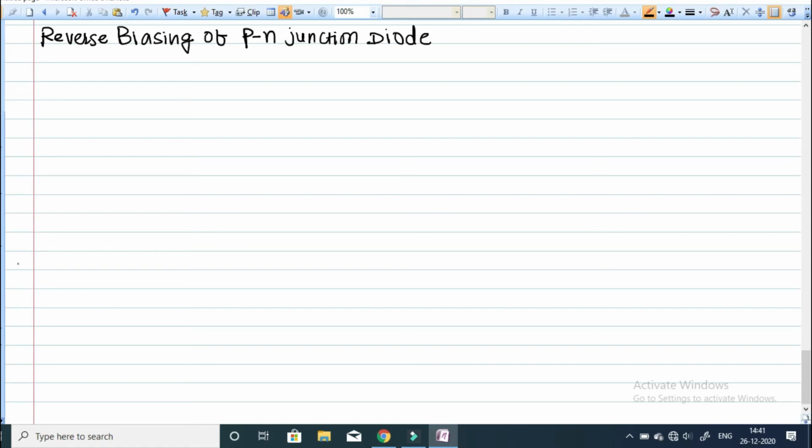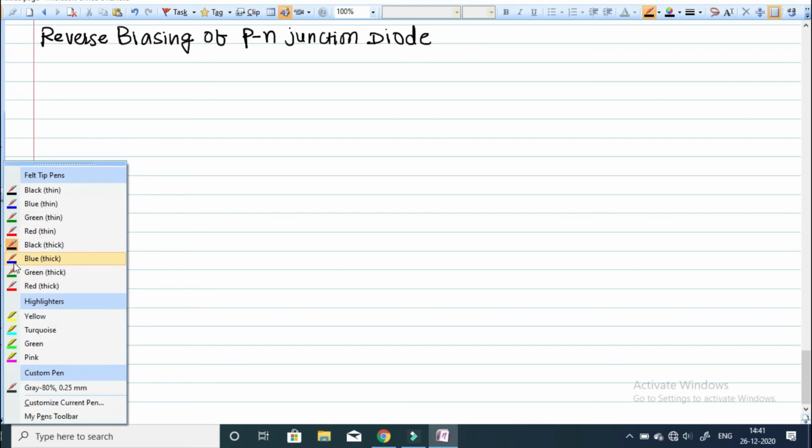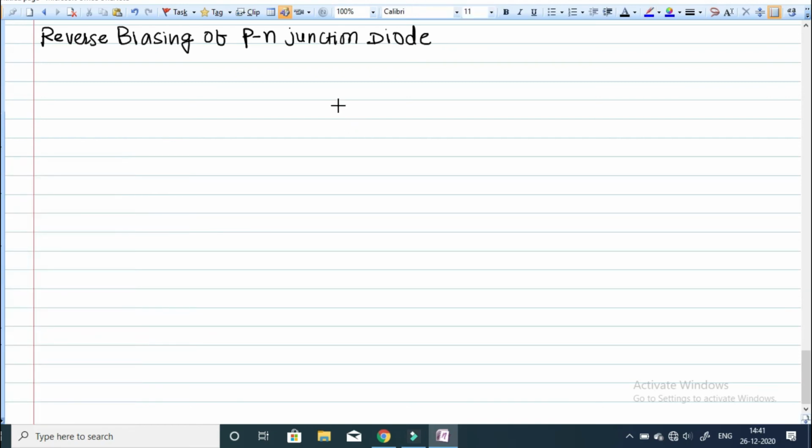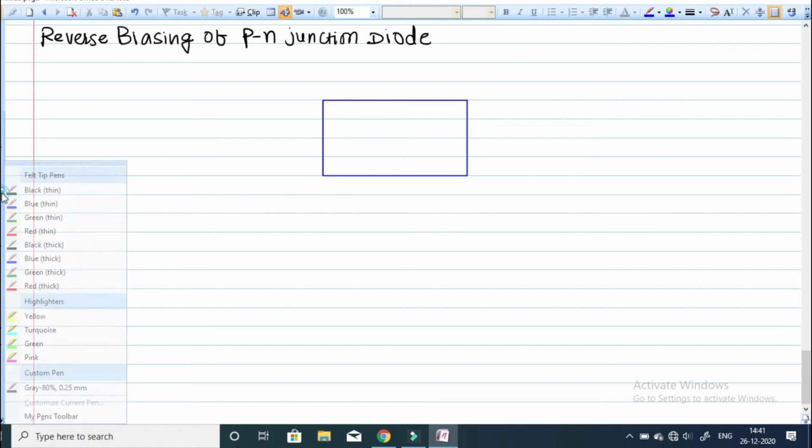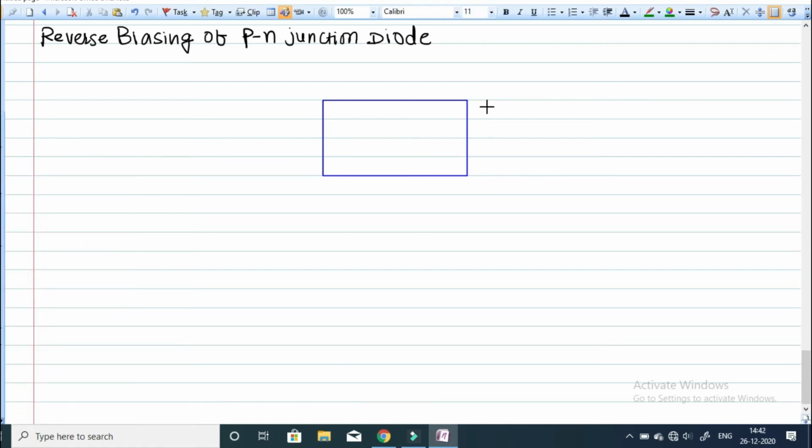First we will choose two semiconductors here, a p-type semiconductor and an n-type semiconductor. This is our p-type semiconductor, and this is our n-type semiconductor.